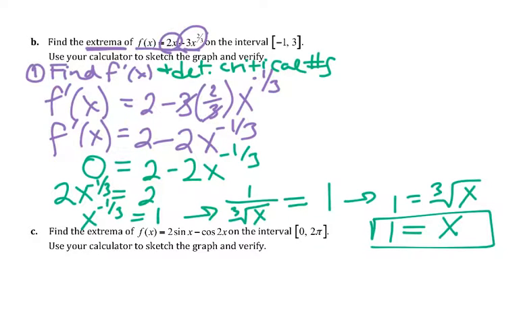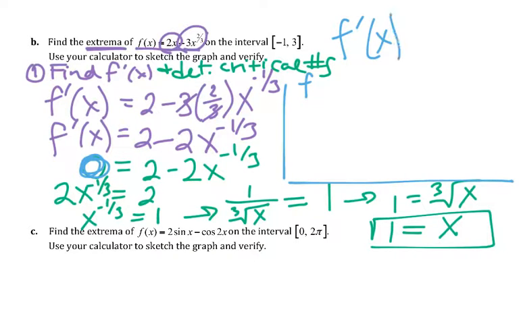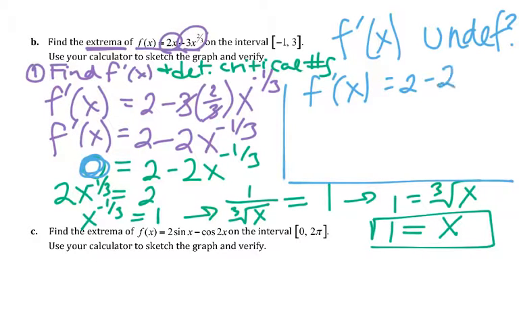But remember, the derivative being equal to 0 is not the only time we have critical numbers. We also have a critical number if the derivative is undefined. So I want to think about when would my derivative be undefined. Well, going back to our derivative, f prime of x equals 2 minus 2x to the -1/3.